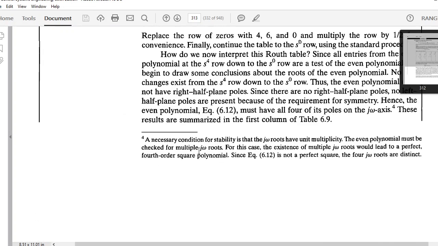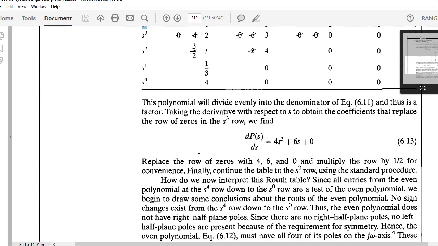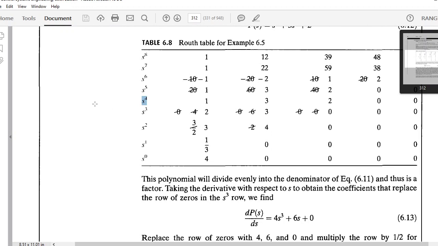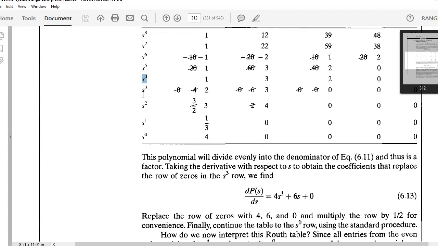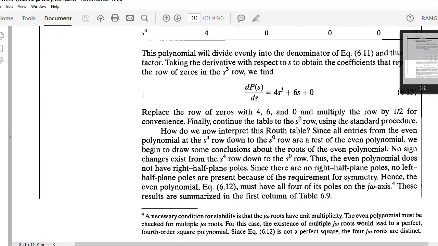Now the other one, that is looking from s raised to 8 all the way up to s raised to 4, you will see that there are two sign changes. The first one is from s raised to 7 to s raised to 6, and the next one is from s raised to 6 to s raised to 5. So there are two sign changes. So that is the next thing that they've done.